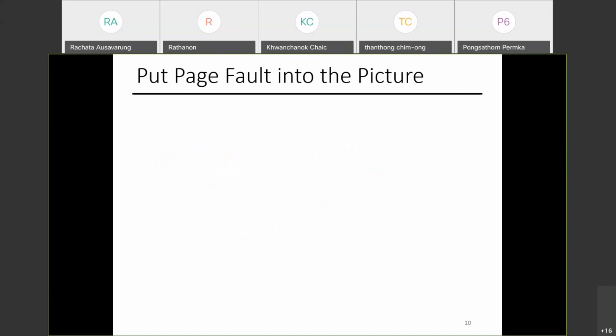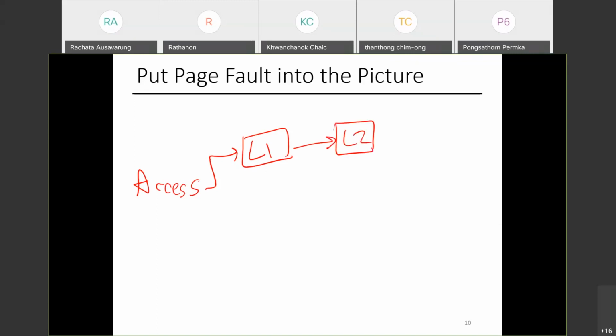Sorry, let me redraw it again. I just accidentally hit delete. You have a memory access. You want to access L1, L2, and then DRAM.